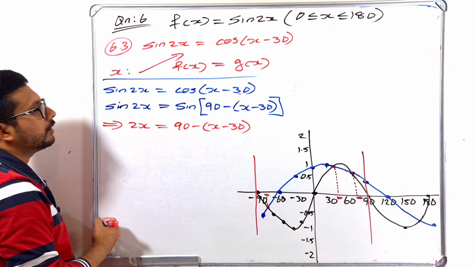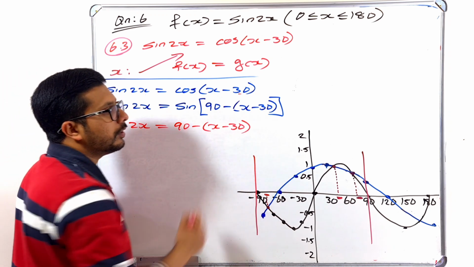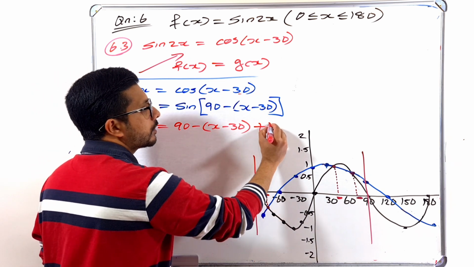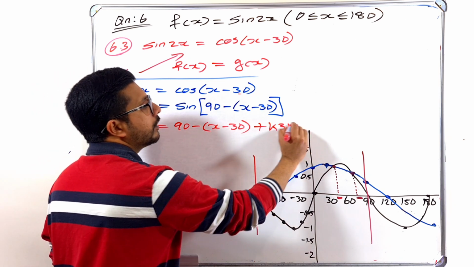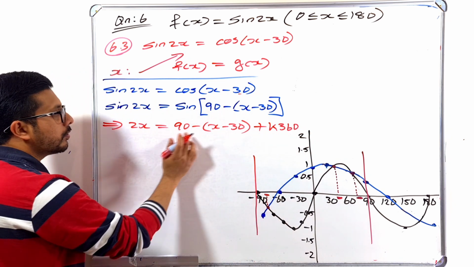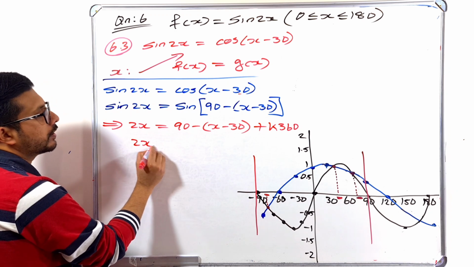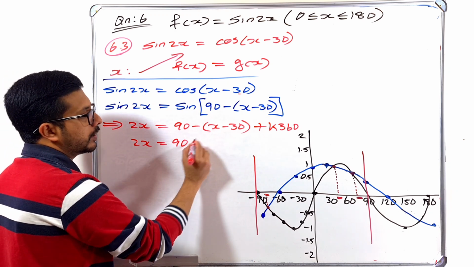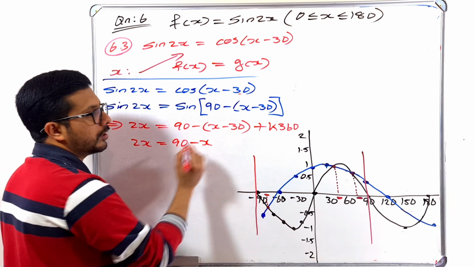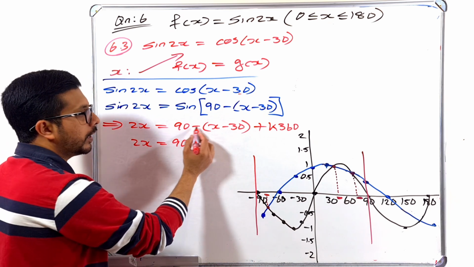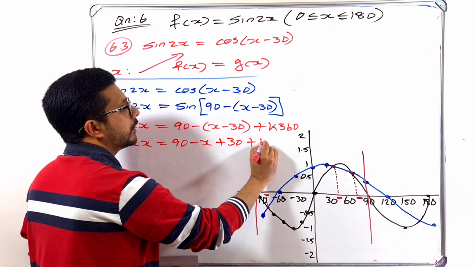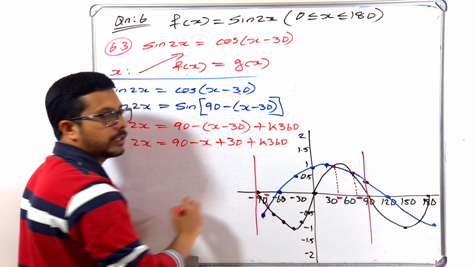Here we are trying to find the general solution. So what we have to do is add k times 360 degrees. So let's see. 2x is equal to, we can expand this bracket, minus times x is minus x, minus times minus 30 is plus 30, plus k 360 degrees.